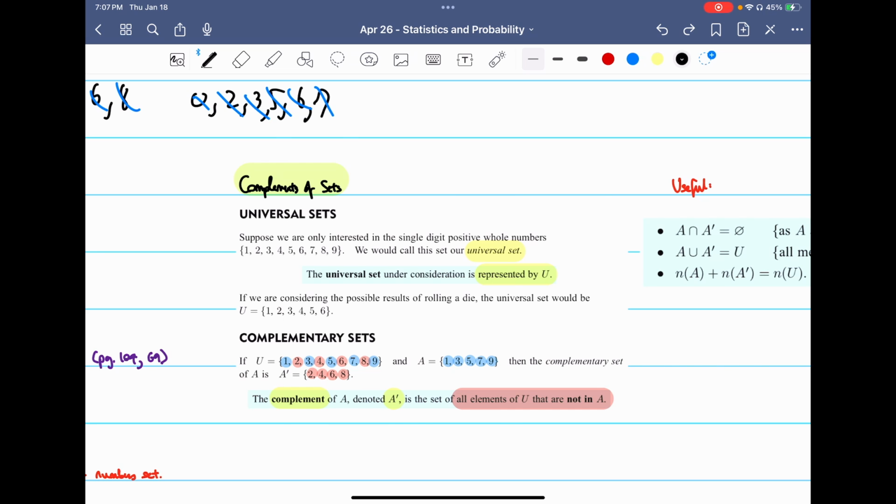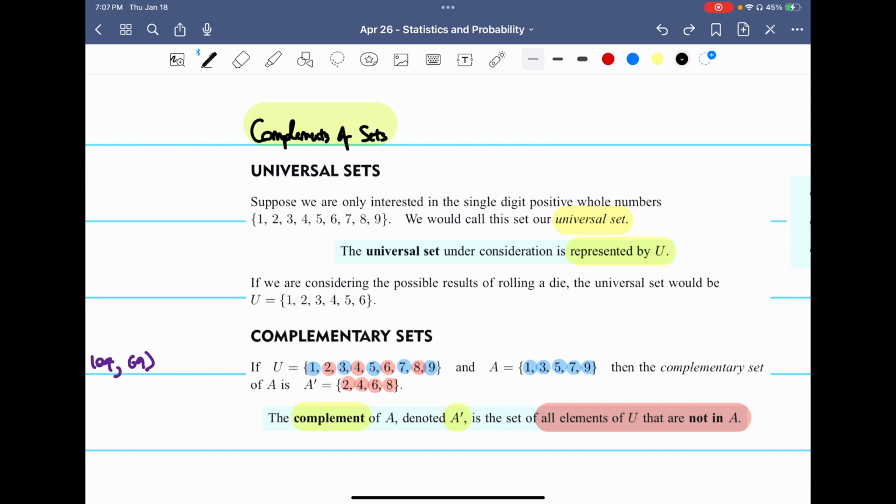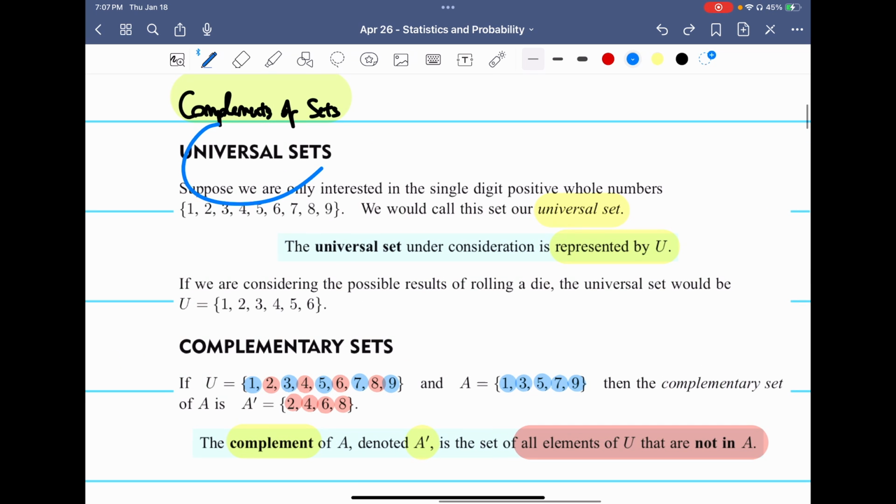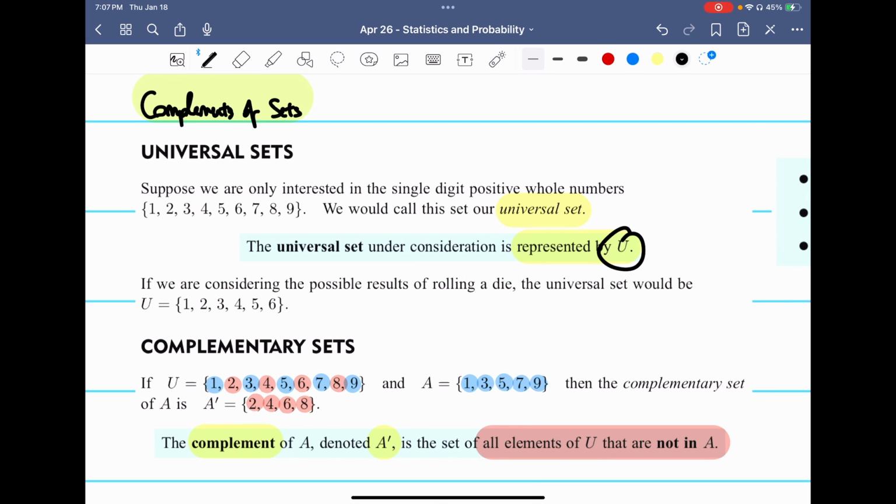Complementary set. All right, so in this section, we're going to be learning about universal set and complementary sets. First of all, universal set is very important. Whenever there is a set represented by U, it means the whole set of numbers.